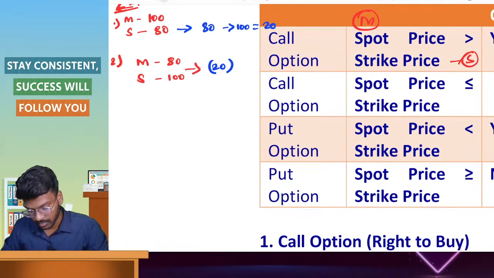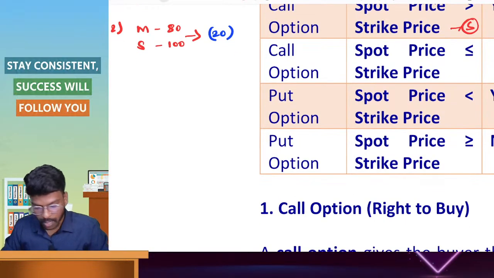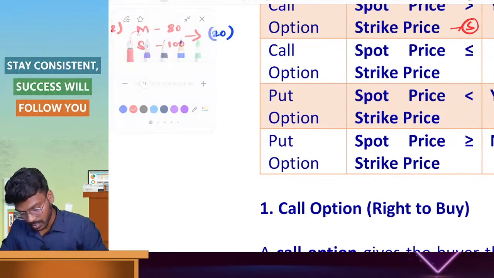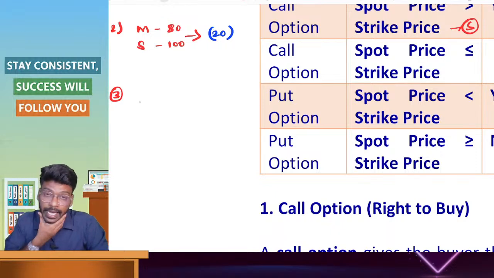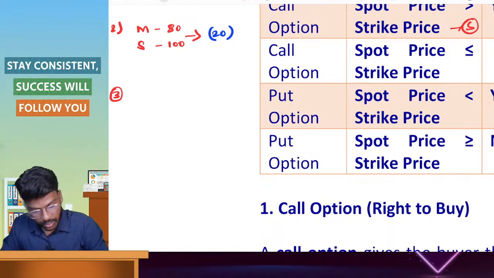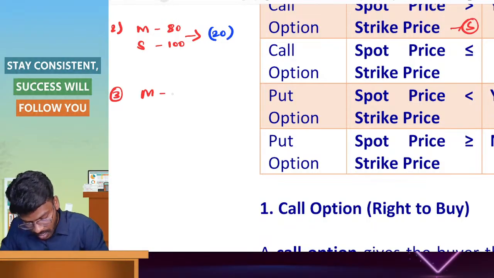Okay, gone. So in case of put option, third example, if maturity price is 80, my strike price is 100.